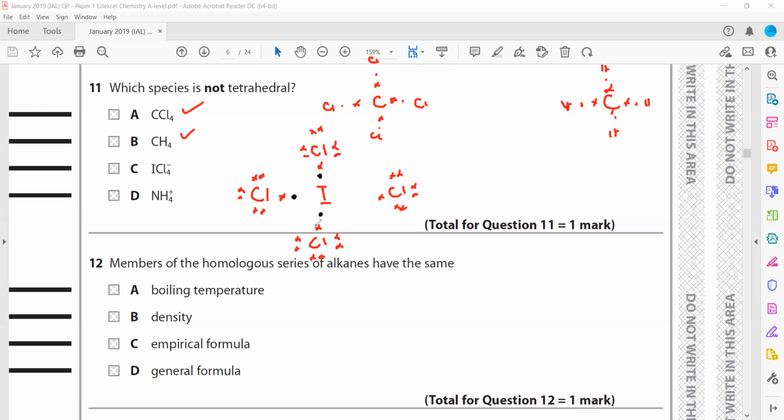Chlorine shares 1, iodine shares 1 from this side. And chlorine shares 1, so iodine shares 1 from this side. Overall the number of electrons for iodine is 7, and 1 electron this iodine took from another molecule. So that is the structure of ICl4-.